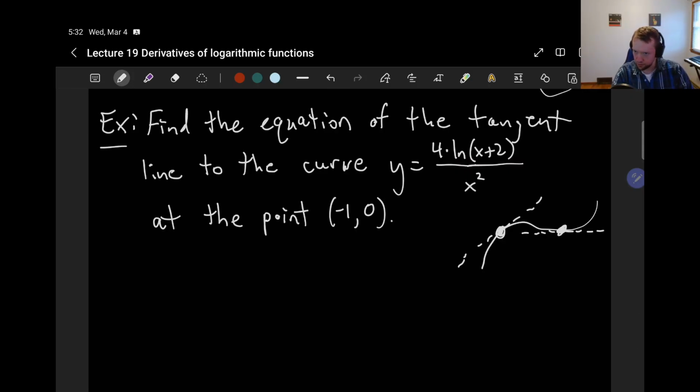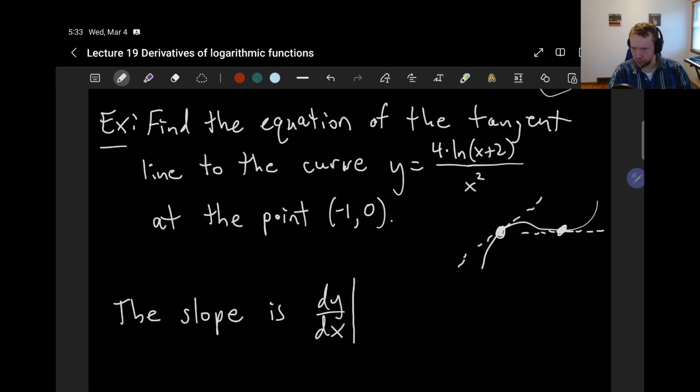Now, I'm going to introduce some new notation, but it's not a new idea. It's just new notation for it. The slope of the tangent line is the derivative evaluated at that point. Like, that's nothing new, but this is new notation for it. So dy dx is the derivative of y with respect to x.